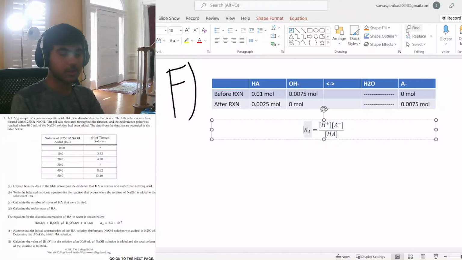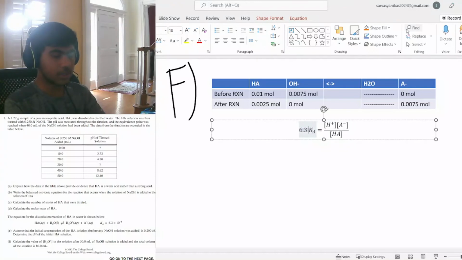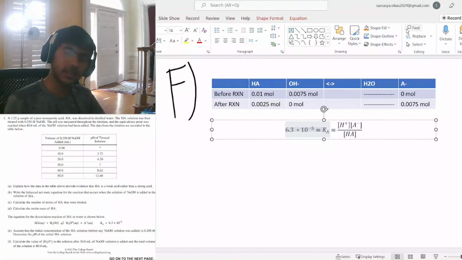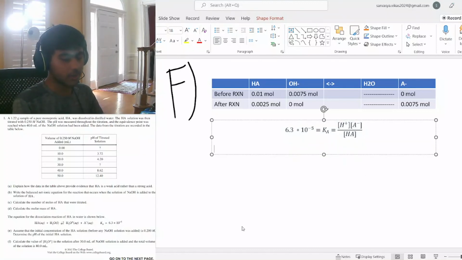The reason we're using this is because it gives us a way to figure out the H plus value, since we know what the Ka is. We just need to find the concentration of A minus and the concentration of HA. And lucky for us, we have values for those, because we have an amount of moles in the solution for each of these, and we have an amount of volume, the 80 milliliters.